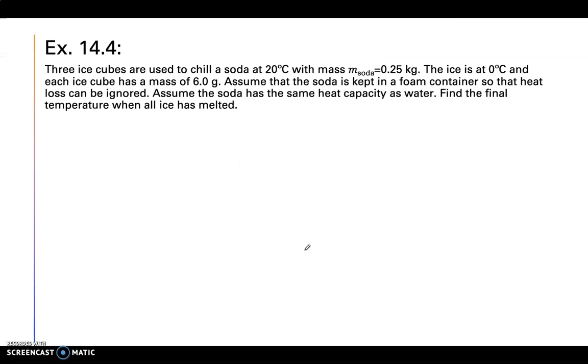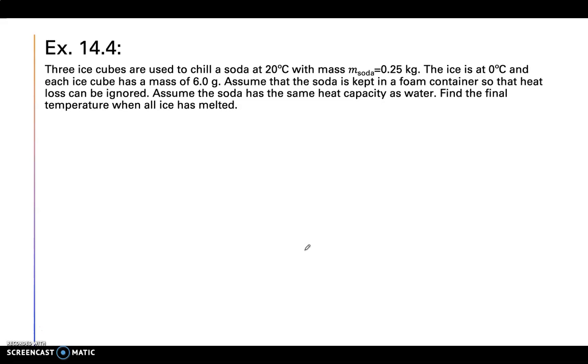And now we have an example here. Again, I'll only be able to really describe it, and then we'll have to finish it in the next video. In this problem, it states that 3 ice cubes are used to chill a soda at 20 degrees Celsius with a mass of 0.25 kilograms.